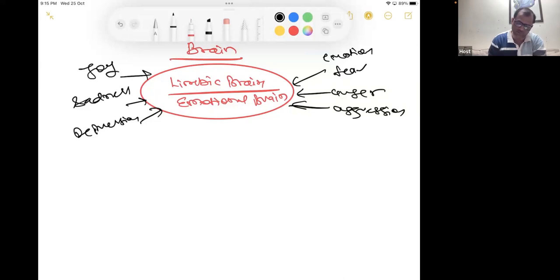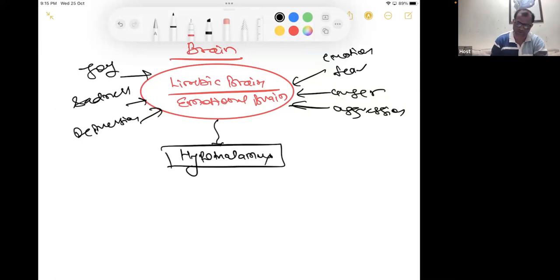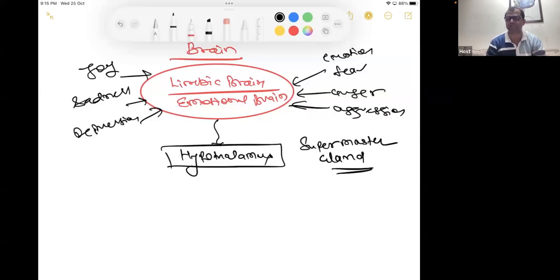Then accordingly the limbic brain is handling the hypothalamus of the brain. हमारे ब्रेन के हाइपोथैलेमस को ये कंट्रोल करता है. The hypothalamus is the supermaster gland found inside the brain. Why is the hypothalamus affected by the different emotions?